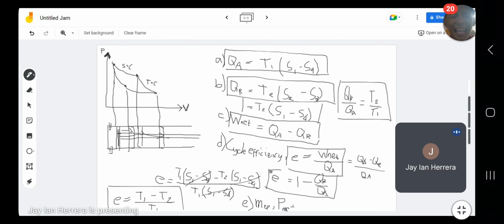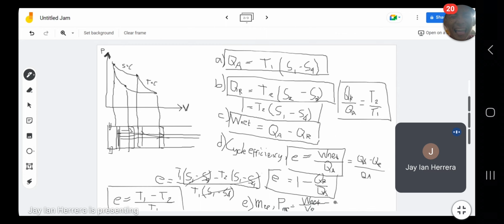So for mean effective pressure naman, this is just work over volume displaced. Work net all over the volume displaced.